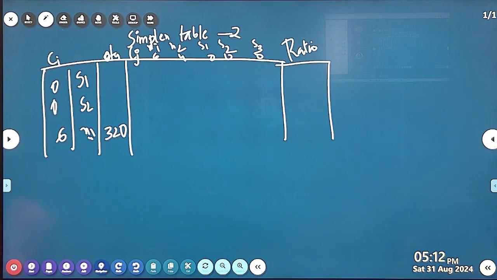Where we did this, ratio is equal to quantity divided by key column, right? So how much did you get? 390, ma'am. 390.